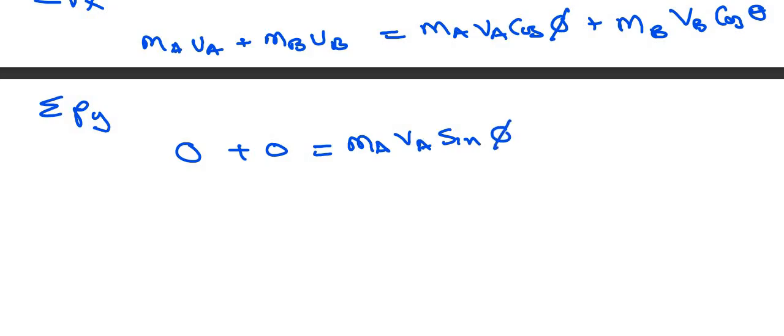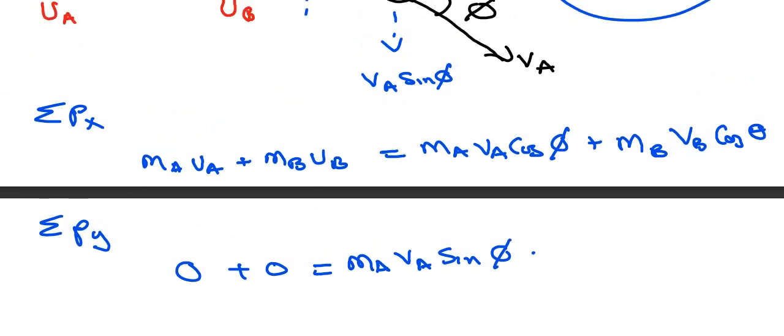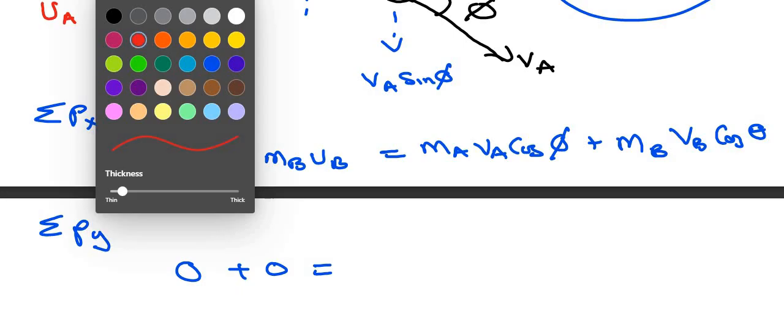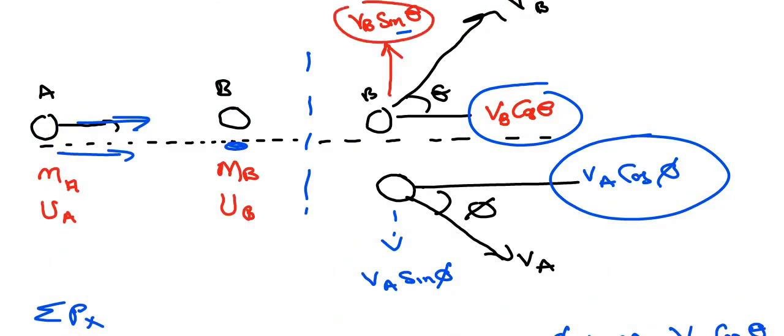Then you're also going to get, this is supposed to be minus, okay, let me just rewrite this. I'm going to write the first one first, which is simply the one for B, which is MB VB sine theta. The reason why I'm putting minus is because this one was going up. That's MB VB sine theta. This one here is going down, no wonder I'm putting a negative.